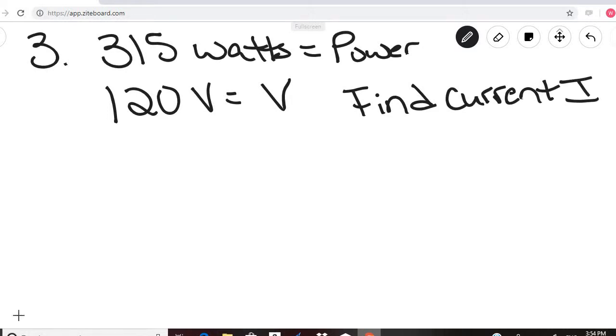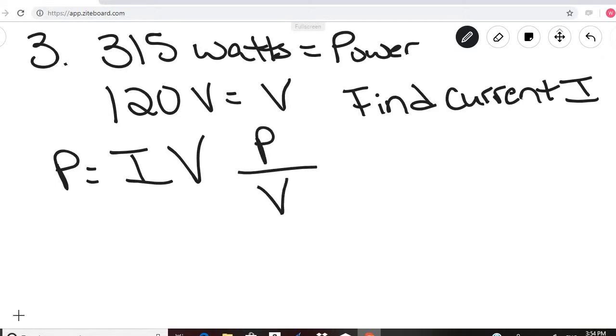Okay, so we know that power is equal to I times V. So we have power and we have V, so we can calculate I. So power divided by voltage is going to give you the current.